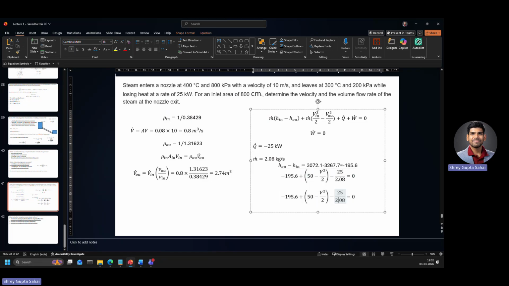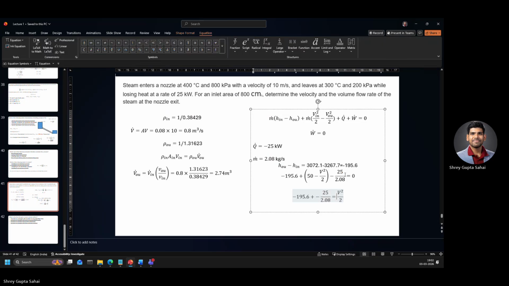Essentially we have, so this plus 50 gets cancelled. This V square can go on the right hand side. And you have 50 here, so this will become minus 145, and this is minus 12.02. Now, if I add this to 145.6, this becomes 150. This is H in minus H out.